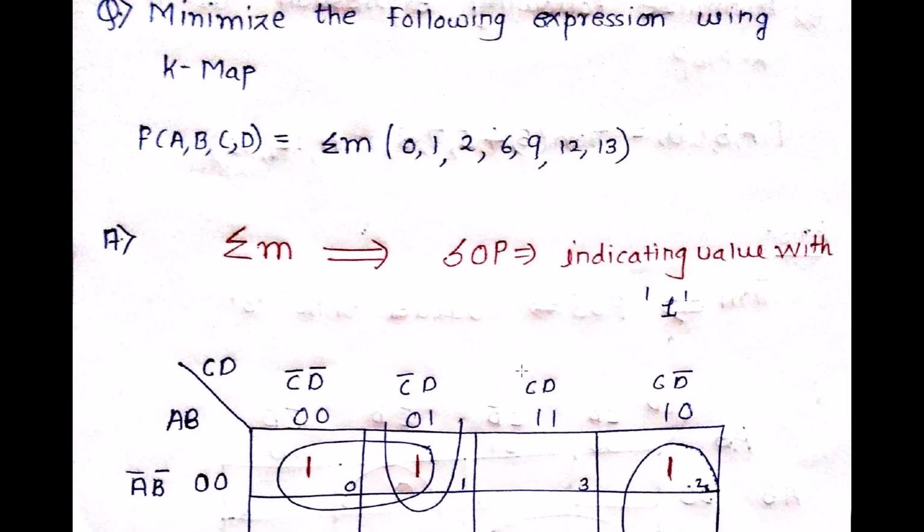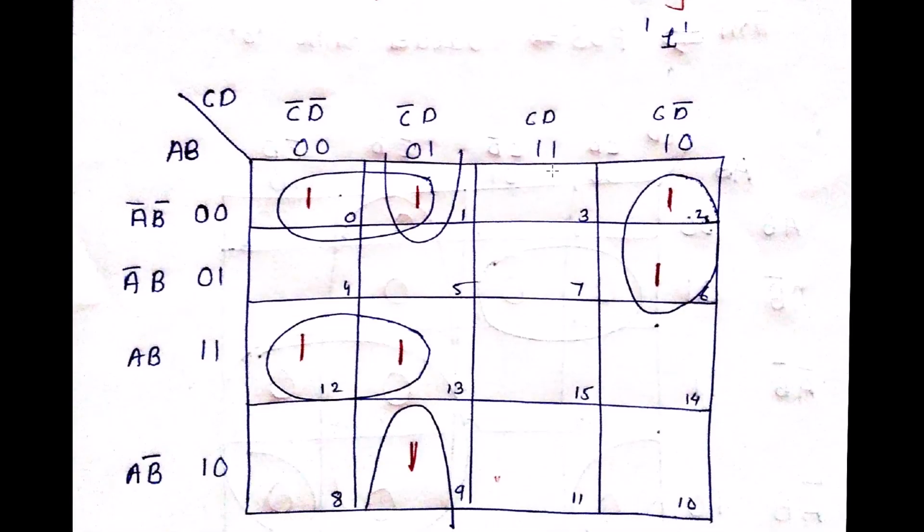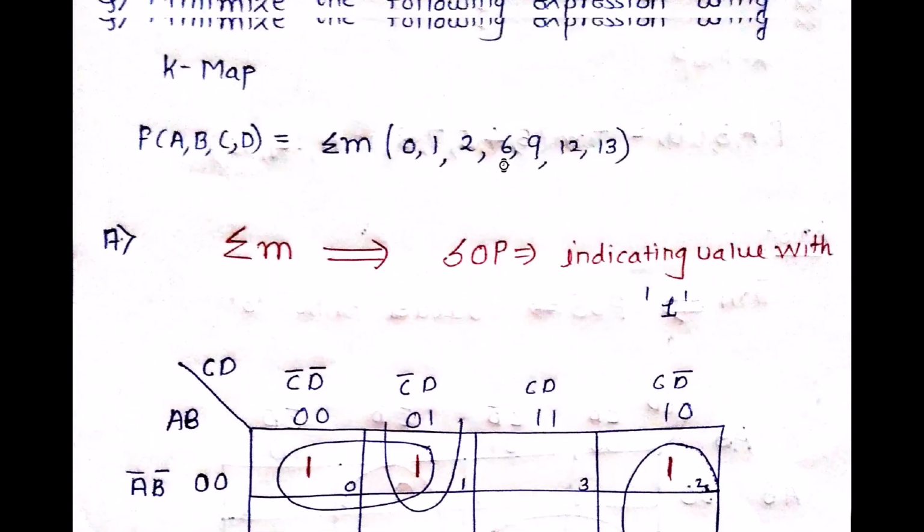So what they have told is that they have given you this particular function A, B, C, D. They have given you summation of M, which is SOP, sum of products. And they have given all these variables over here, 0, 1, 2, 6, 9, 12, 13. All these variables can be mapped onto a particular table with one element because it is SOP.